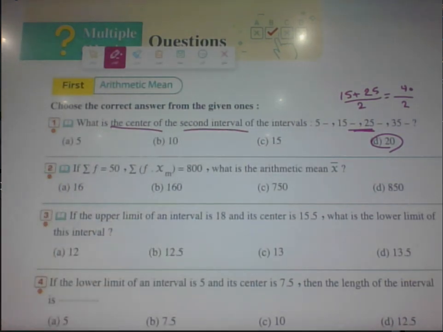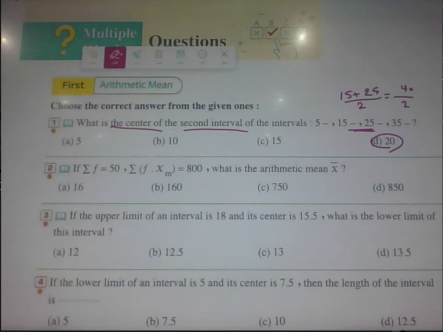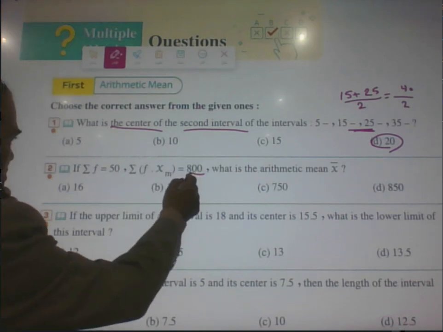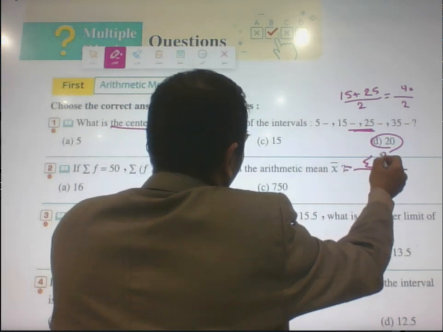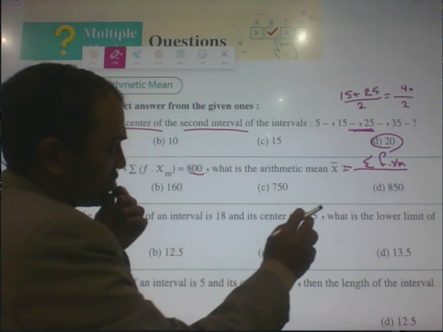Next question here, number 2. If the summation of frequency equals 50, and the summation of frequency multiplied by the center of class equals 800, what is the arithmetic mean? We can find the arithmetic mean by the summation of frequency multiplied by the center of class, divided by the summation of frequency.